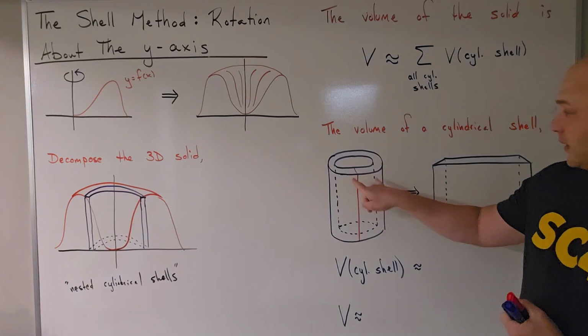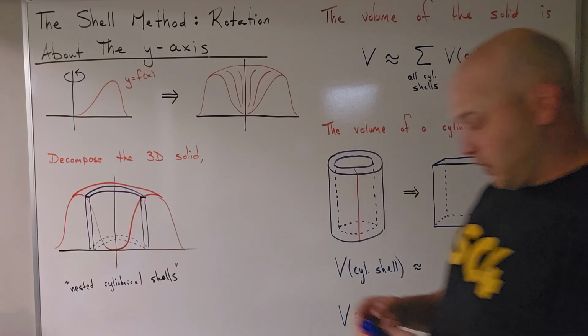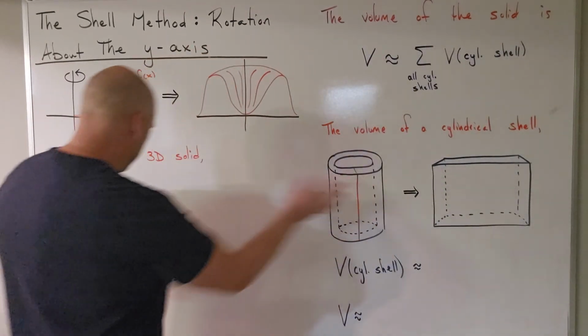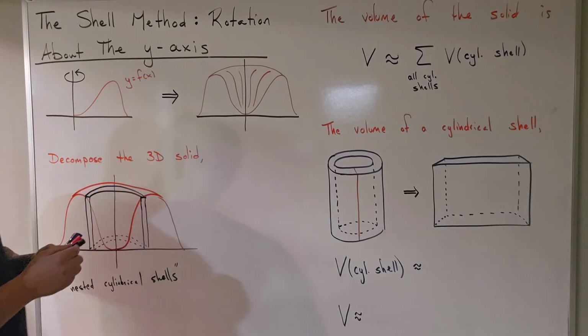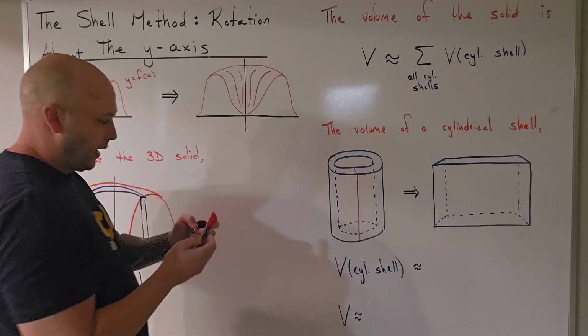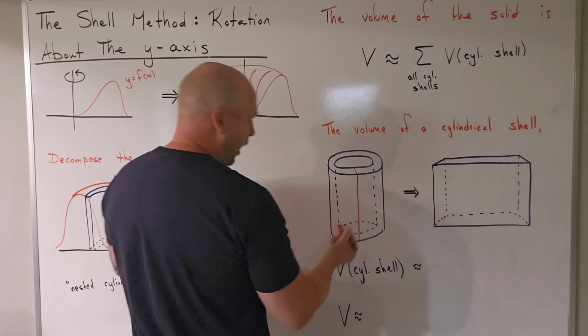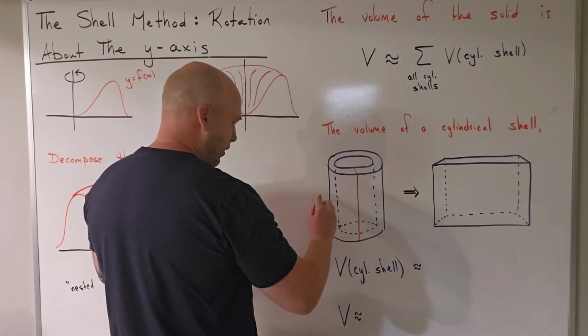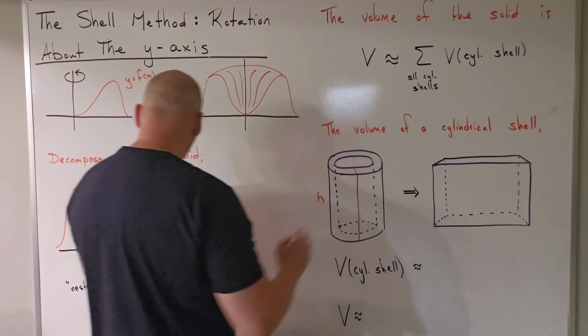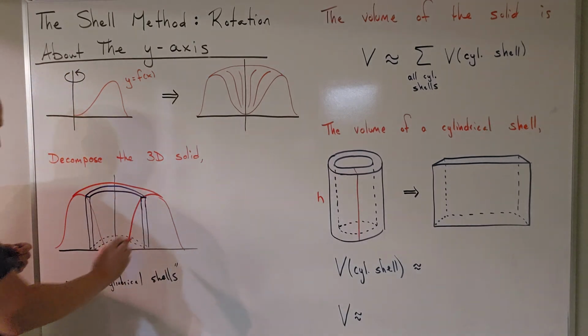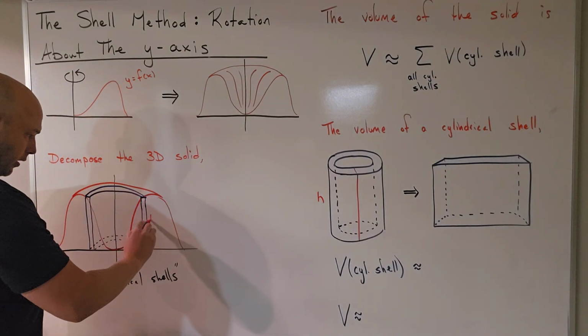But let's go ahead and label some parts of this. So as you can see, let's take this shell and compare it with this one over here. Well, what do I know? I know that the height of this here is h. Well, that would be the same quantity as right here.